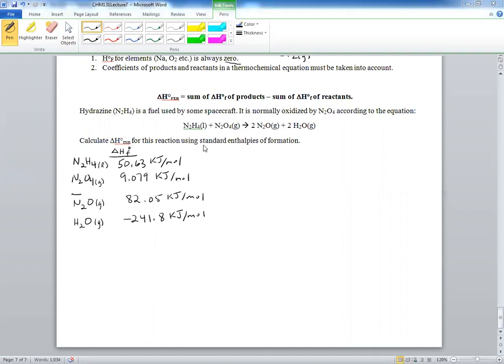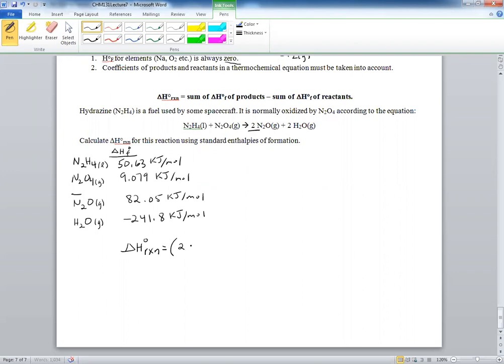Now we set up our equation. Delta H of the reaction is products minus reactants. So the sum of the products minus the sum of the reactants. So it goes like this. Watch. Doesn't matter what you start with, whether it's N2O or H2O. We'll start with N2O.